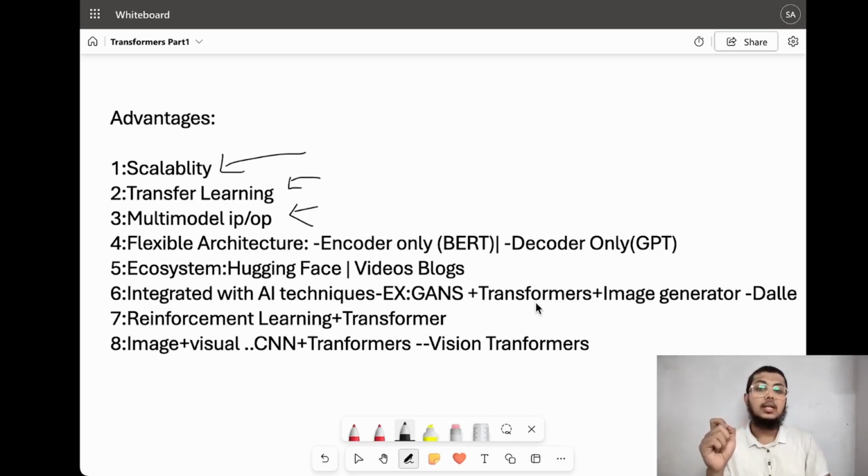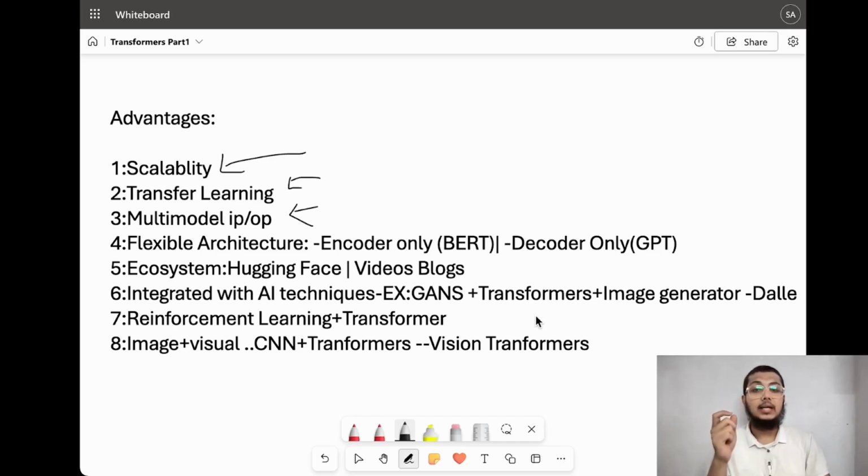image. Similarly, you can create very interesting gameplay by using a transformer with reinforcement learning, where whatever strategy development is happening through reinforcement learning, and whatever understanding of the current state is being developed, is being done through the transformer.